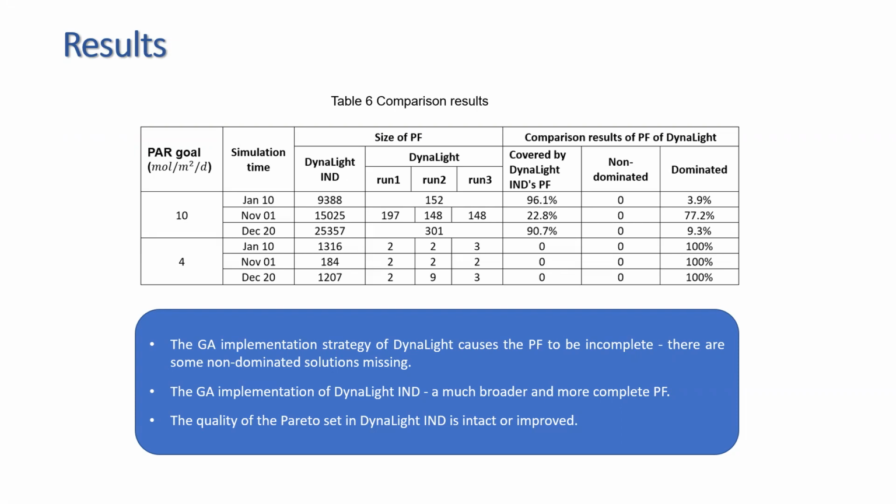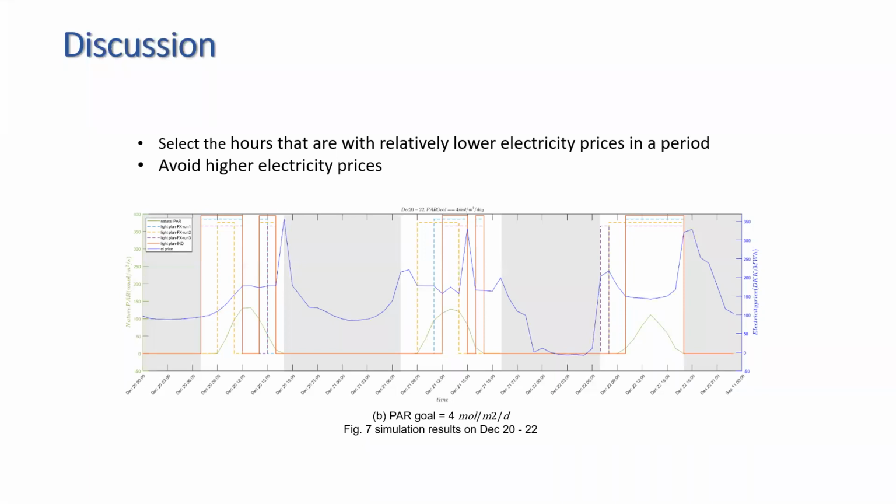That means the quality of the Pareto set in the new version is intact or improved compared with the old version. And from analyzing the simulation results, here is an example, we can see that for the new version, the light plan can always select the hours with relatively lower electricity prices and avoid higher electricity prices.